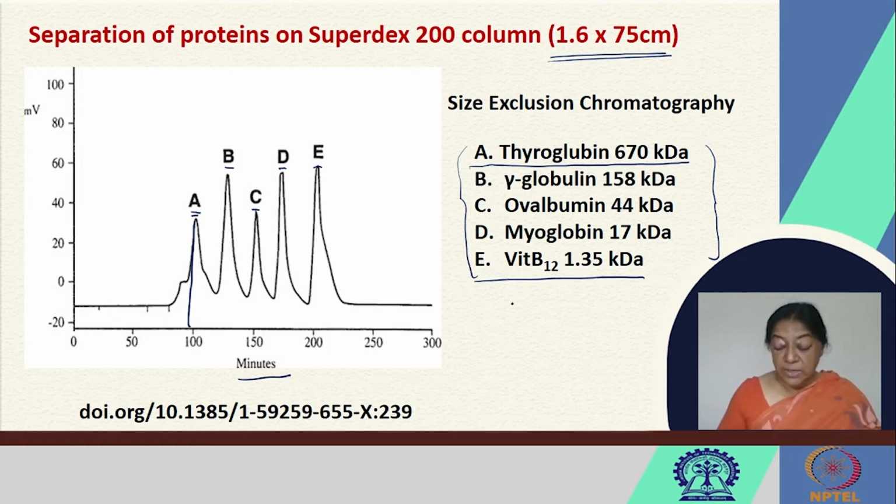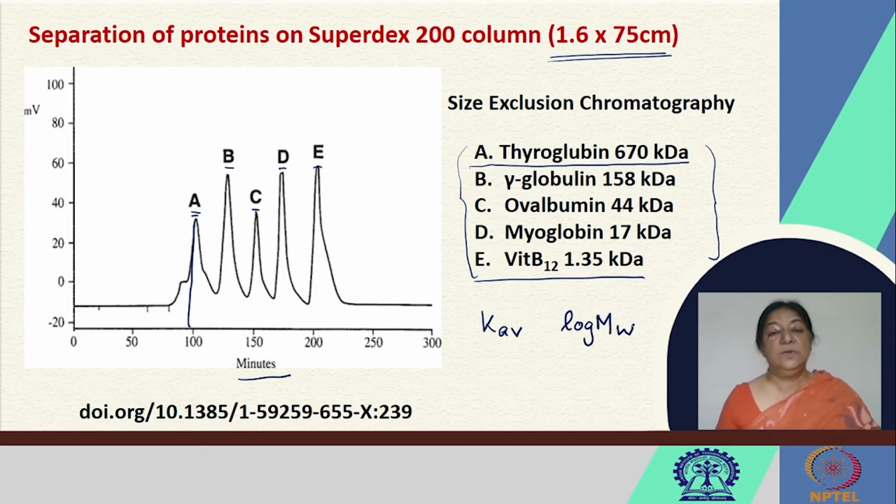Then what we can do is, from the KAV value and the log of the molecular weight values, we can form the calibration curve and then run the unknown protein and find the molecular weight of the protein of interest. Not only finding the molecular weight, but the separation of the proteins.